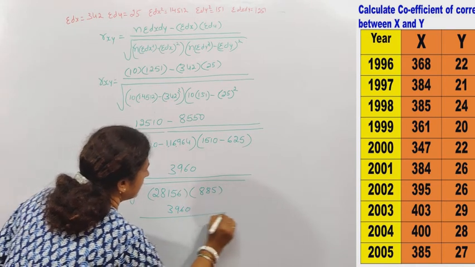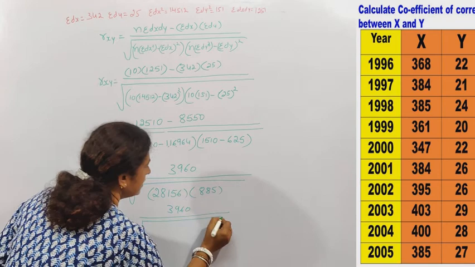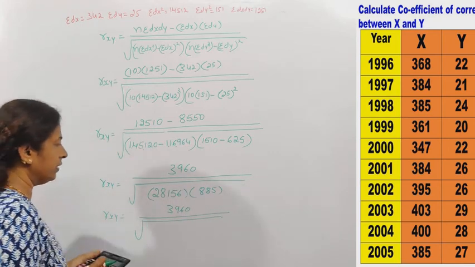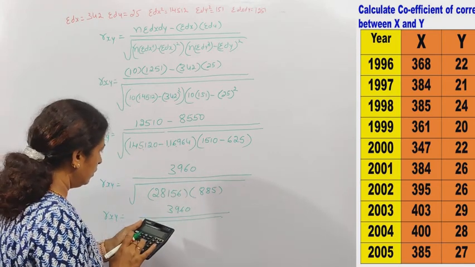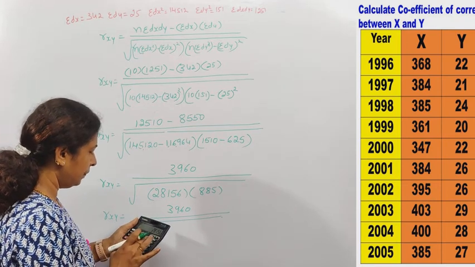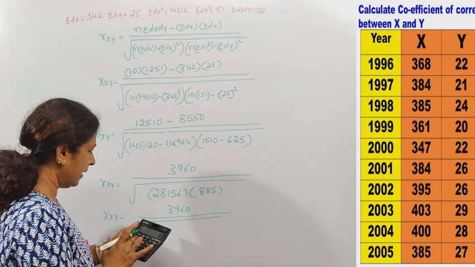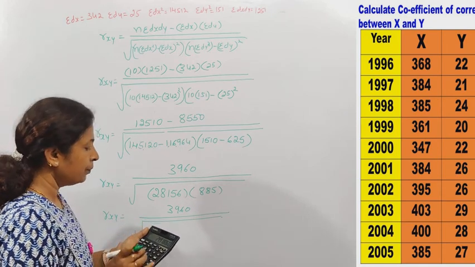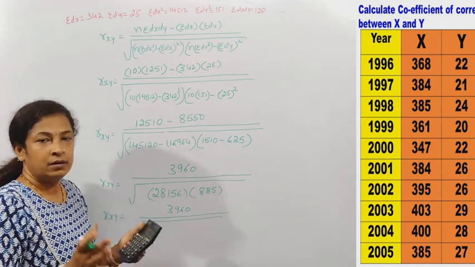Next, Rxy is equal to 3,960, write as it is. But to simplify this data, do one thing. 28,156 into 885, now you get one big number, right?